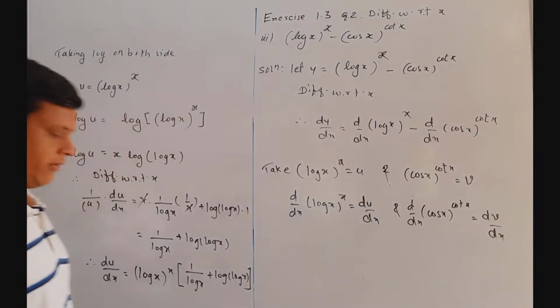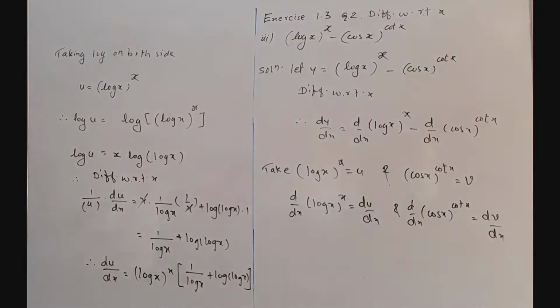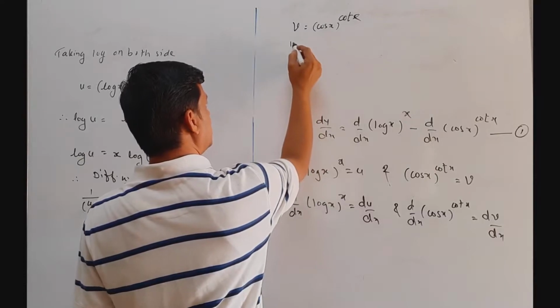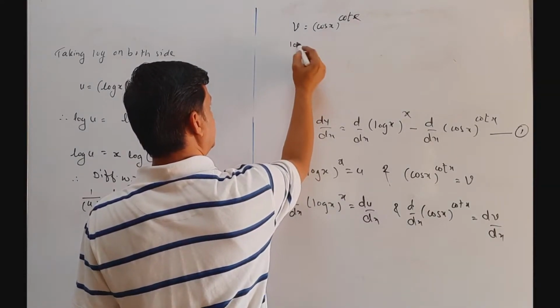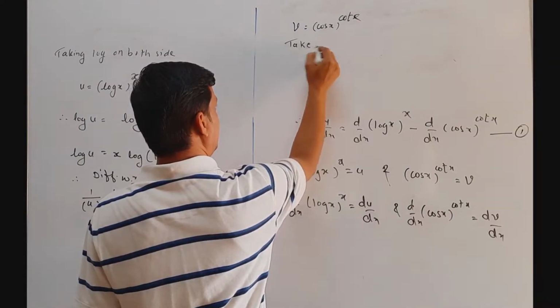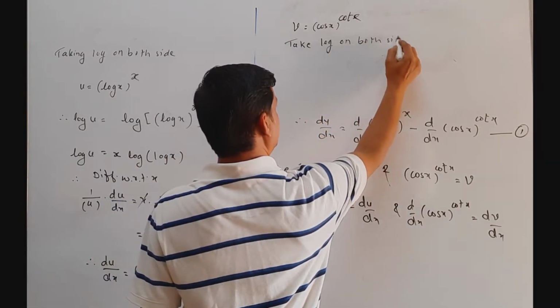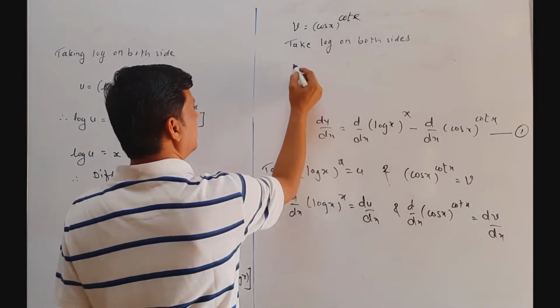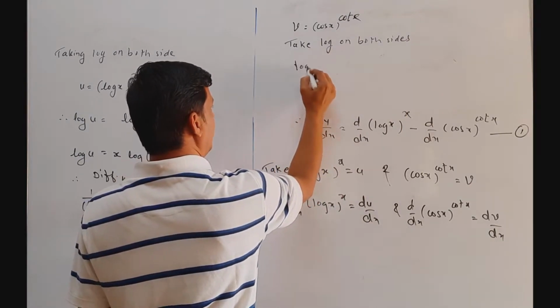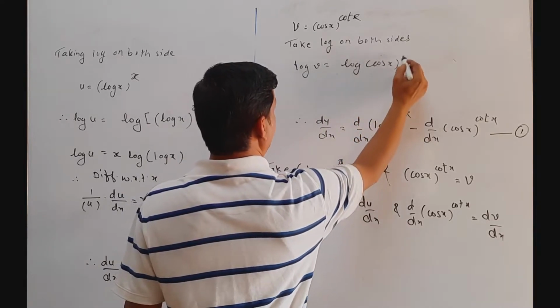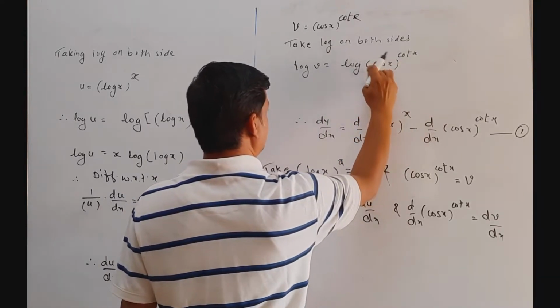So we write the derivative of v. Now v is (cos x)^(cot x). So taking log on both sides, we write log v = log of (cos x)^(cot x).